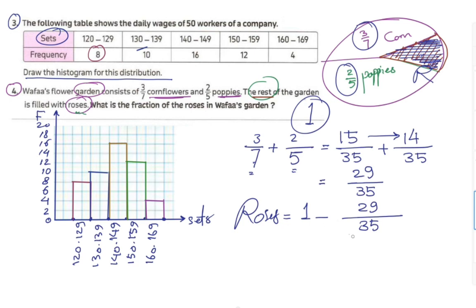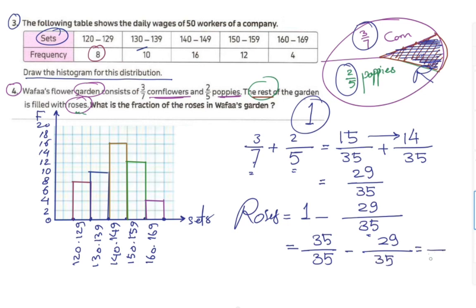29/35. How can I solve this subtraction? I need to make 1 a fraction with the same denominator, so I can consider 1 as 35/35 and subtract 29/35 from it.